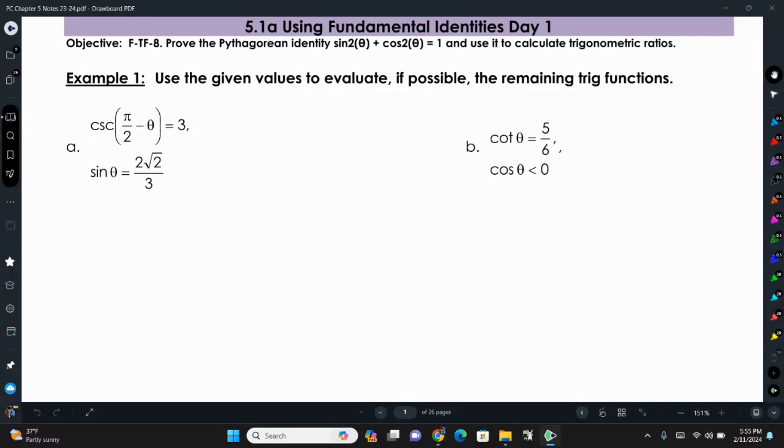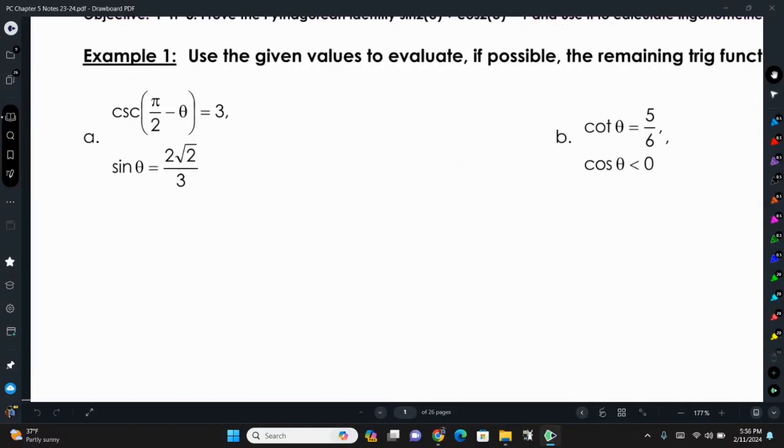You can still do that, and like I said, some problems might be easier to do that than others, but I want to show you and process with you the use of identities.